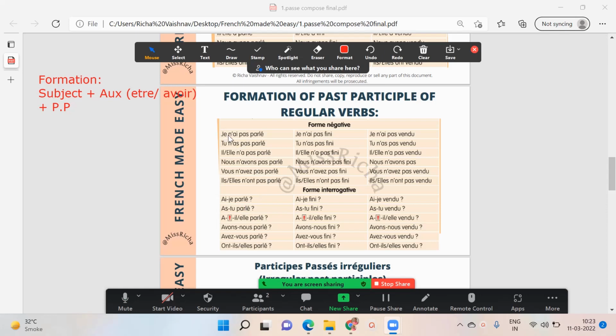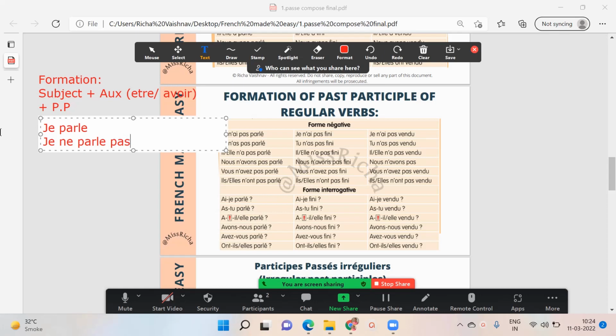Okay. Negative form, we add ne and pas to the extreme ends. Remember, for present tense: je parle. When you have to change to negative, it becomes je ne parle pas.